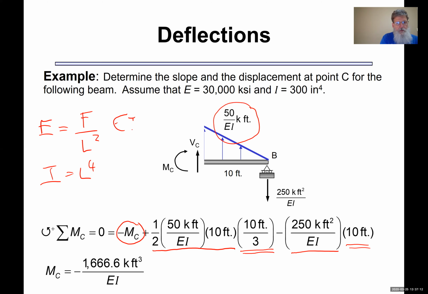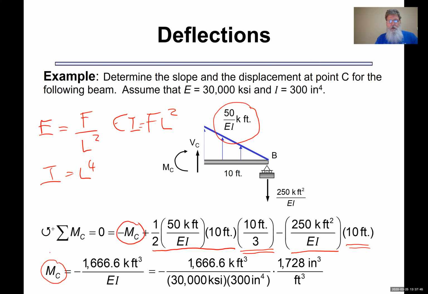So EI will have units of force length squared. So I got force length squared in the denominator, and I got force length cubed in the numerator. So when you check those units, you end up with length. And so the moment in my conjugate beam ends up with units of inches or meters, which is, remember, moment in the conjugate beam is deflection in the real beam.